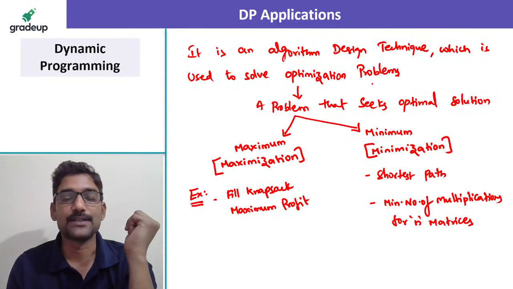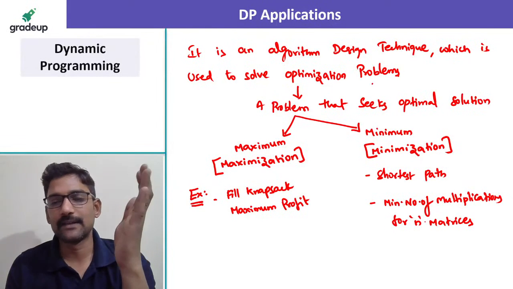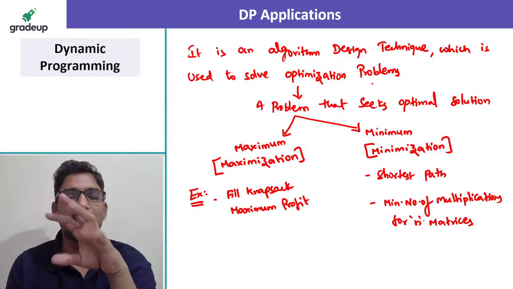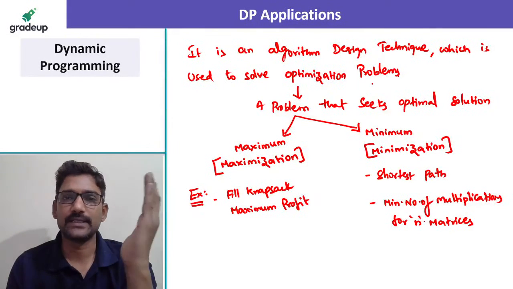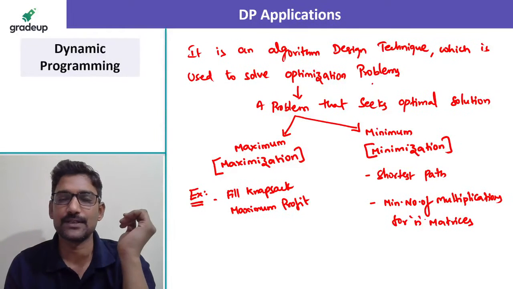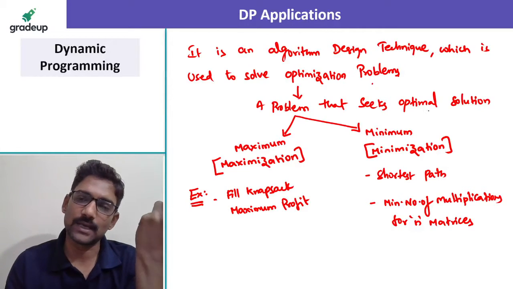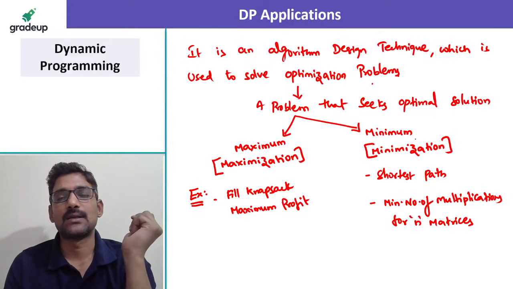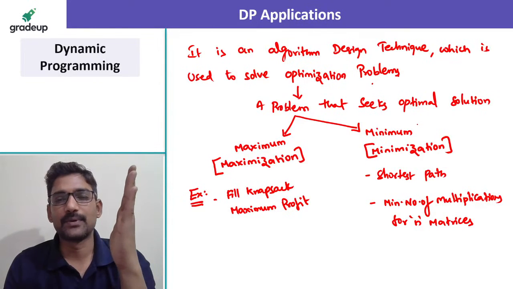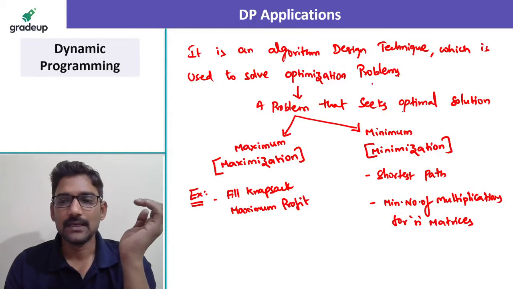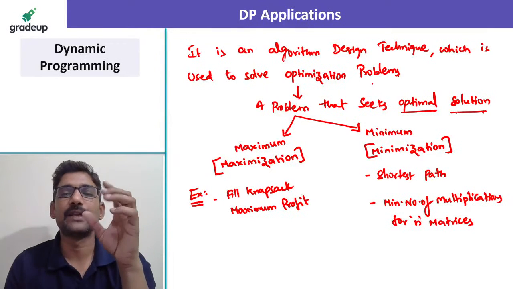That is a minimization problem. Whenever you seek either the maximum or the minimum output, you call them maximization or minimization problems respectively. Both together you can call optimization problems. So dynamic programming is suitable whenever we are seeking an optimal solution for any problem.